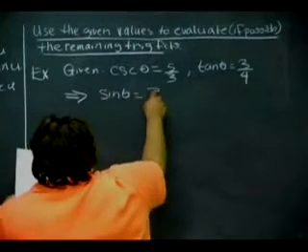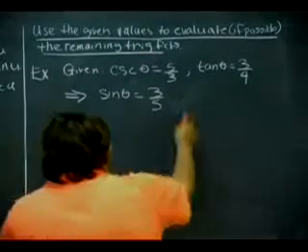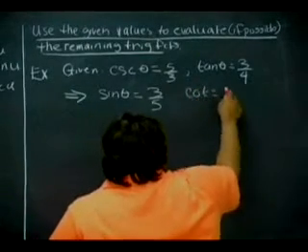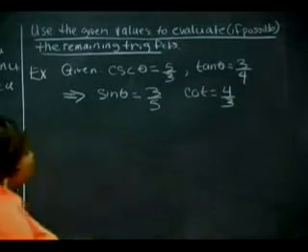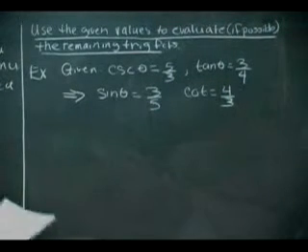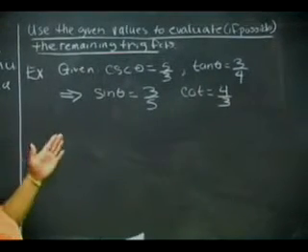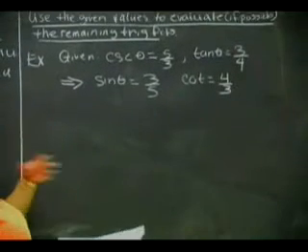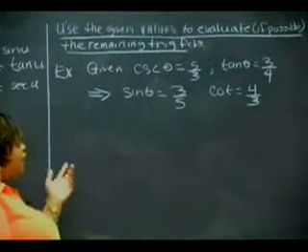Sine theta is the reciprocal of cosecant, so that's 3/5. Cotangent theta is the reciprocal of tangent, which is 4/3. Okay? So I have cosecant and tangent, that's given. From there I can find my reciprocal functions, sine and cotangent.